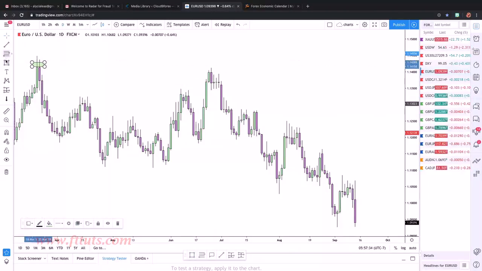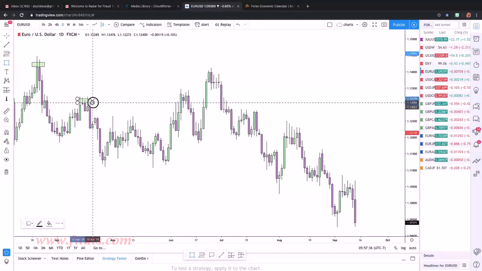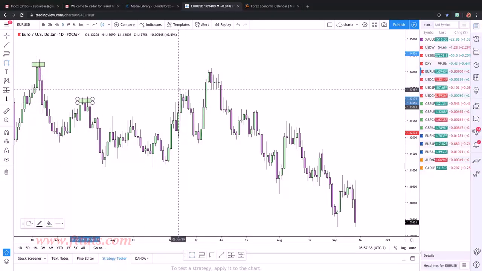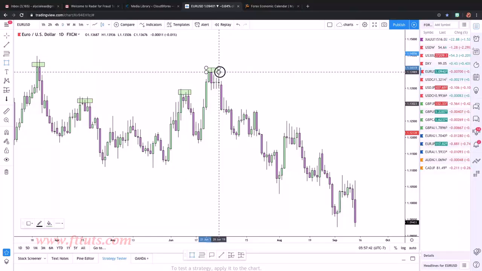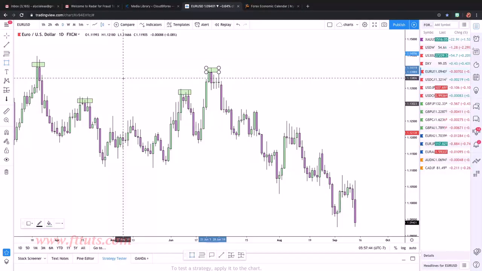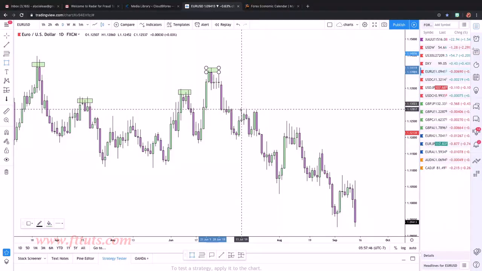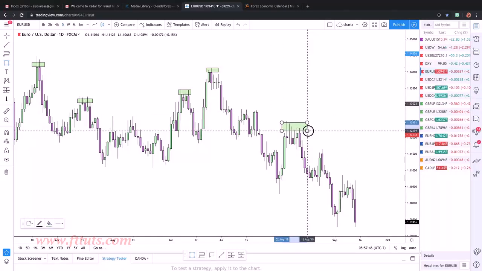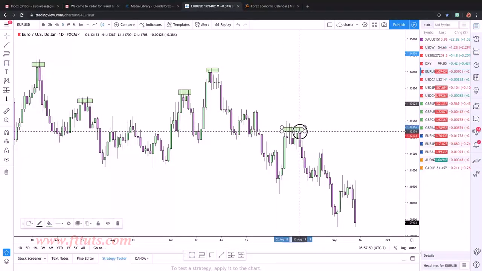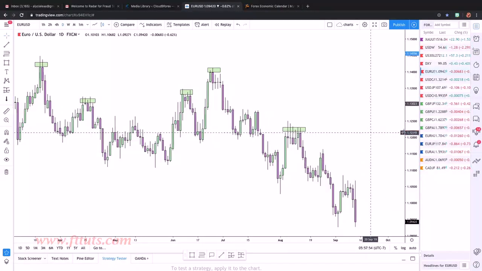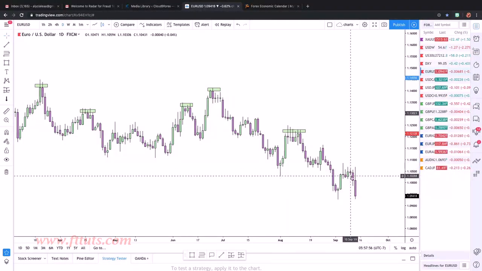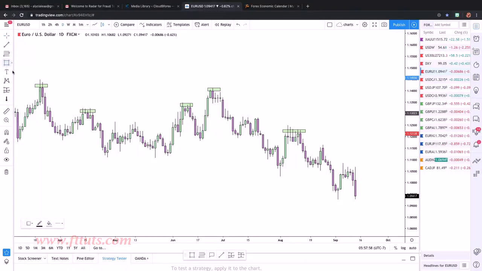Price failed to go higher right here, here. Okay, so those are the key ones we have, and actually right here.